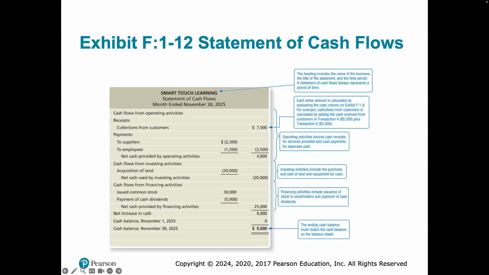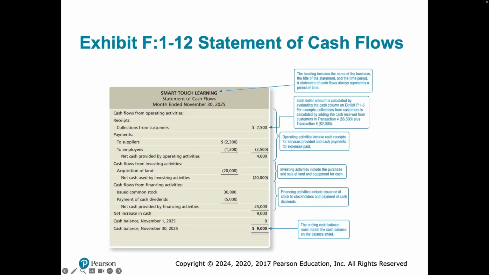This is just how much we've collected in cash only. Now, payments, what have we paid out in expenses? Not accounts payable, but what have we paid out in cash? We paid out to suppliers 2,300 and we paid to employees 1,200. So we have 3,500 down to $4,000.